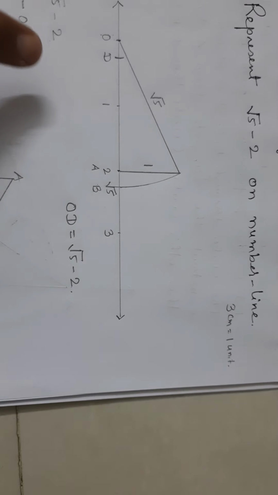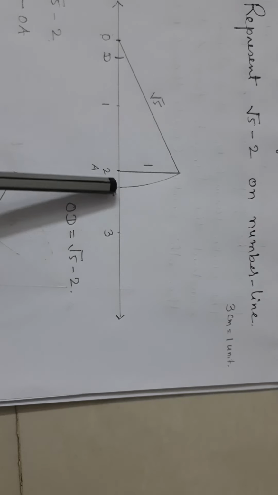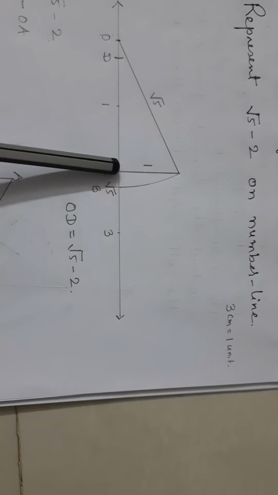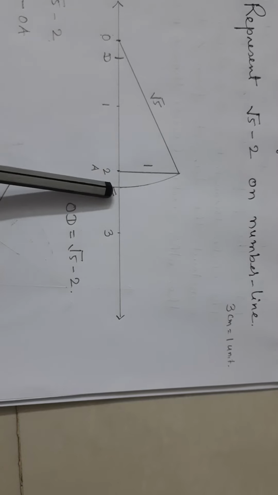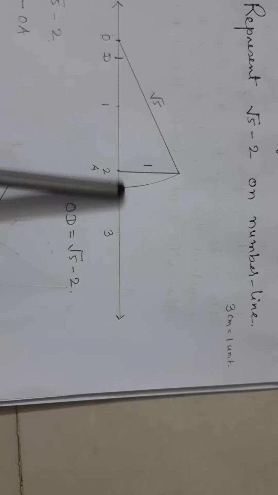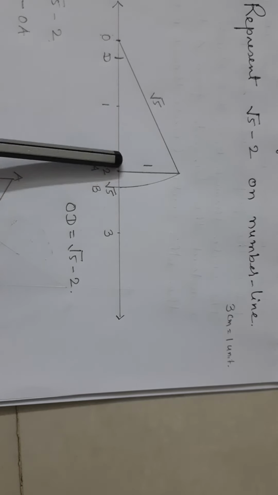I repeat, everybody knows how to represent root 5. So we represented root 5. 2 is already here. So root 5 minus 2, root 5 that is OB minus OA, that is 2. So OB minus OA is going to be AB.